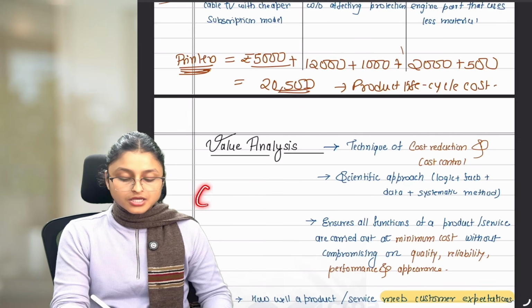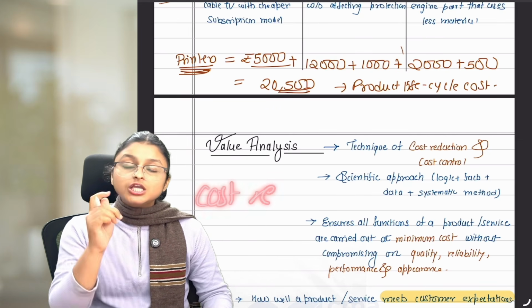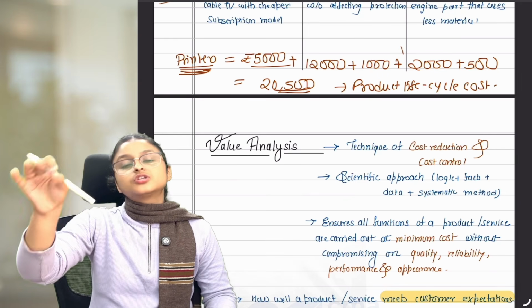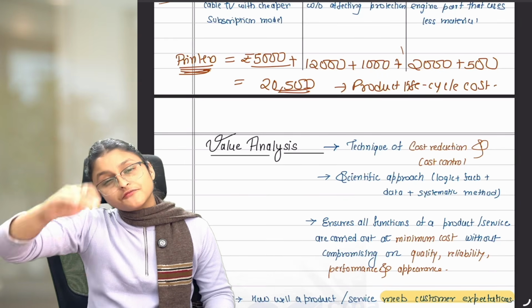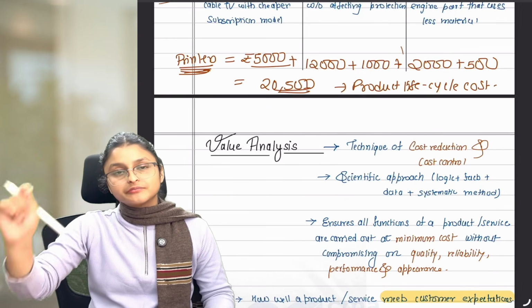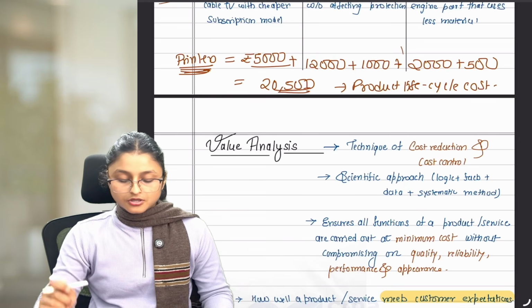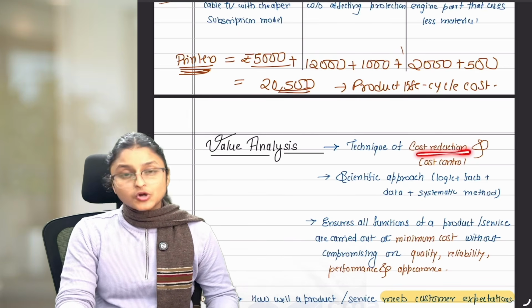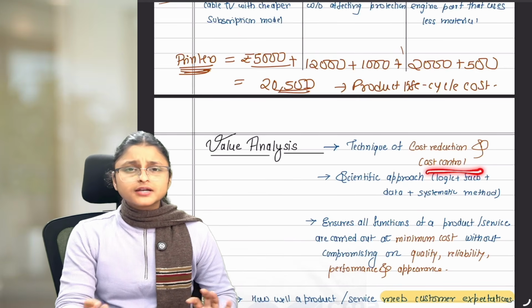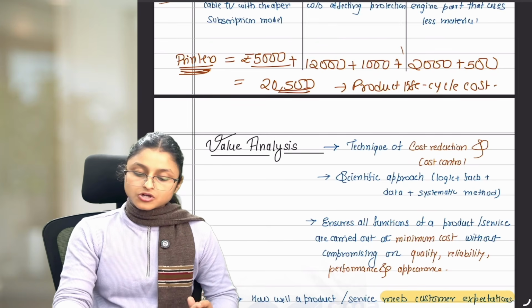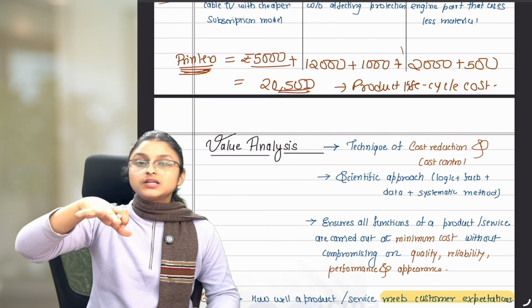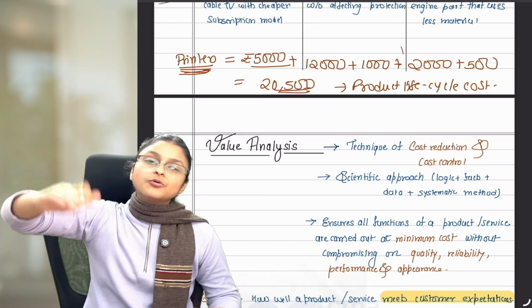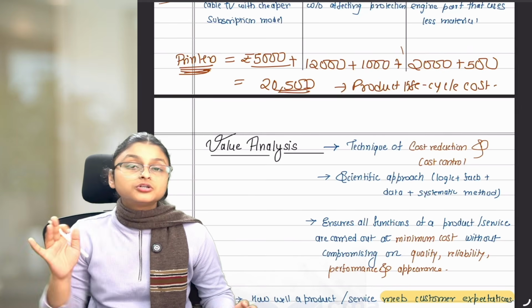But in cost reduction, our aim is to reduce the cost even after we have reached the standards. We will try to reduce every time, every day. Our aim is to reduce the cost. So if you notice, whether it be cost reduction or cost control, both are reducing the cost, right? Cost control is reducing up to certain level only, and cost reduction is going down till the time it is possible to do that.